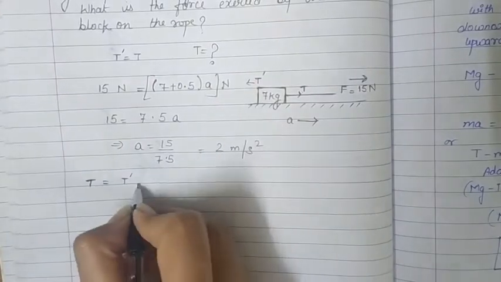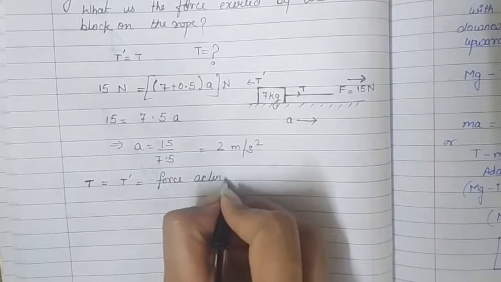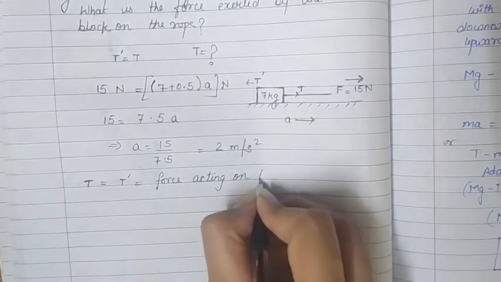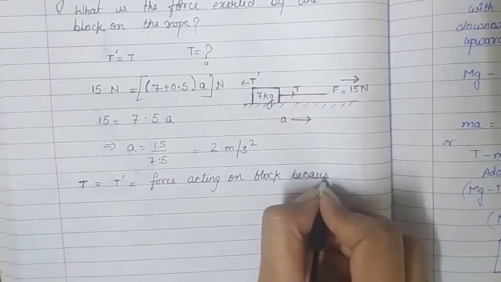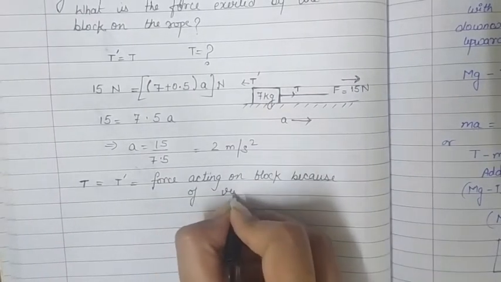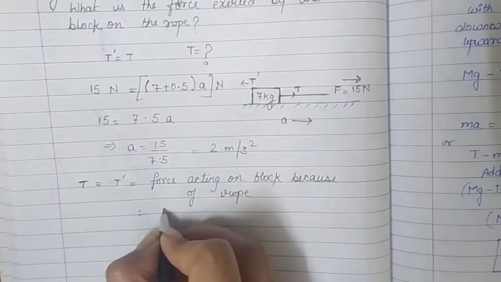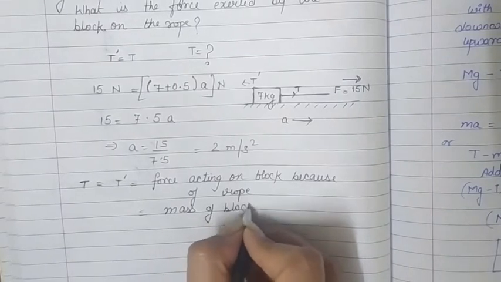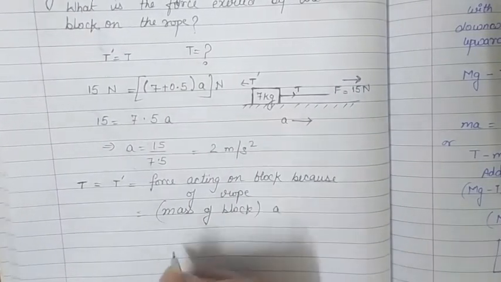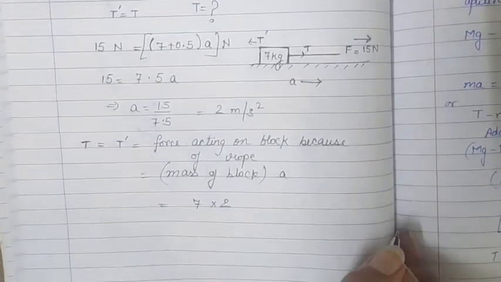T dash is the force acting on the block because of the rope. Now this force is equal to mass into acceleration. Mass means the mass of the block only, and the acceleration, so the mass of the block is 7 and the acceleration is 2 meter per second square, that we have calculated.